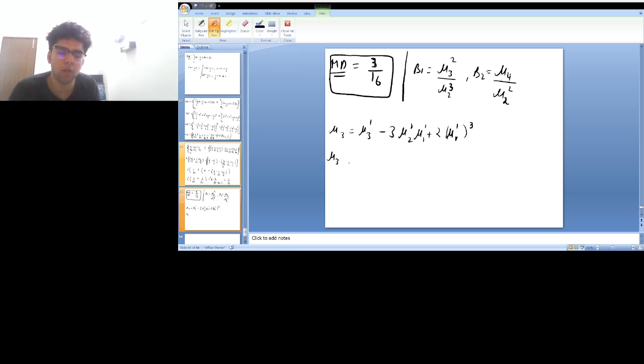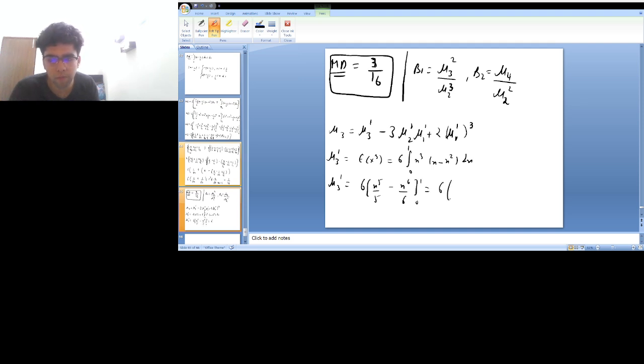So mu dash 3 is the integral of x cube f(x), so 6 times x minus x square dx from 0 to 1, which is 6 times x to the power 4 upon 4 minus x to the power 5 upon 5, so this gives me x to the power 5 upon 5 minus x to the power 6 upon 6, 0 to 1, which is 1 upon 5 minus 1 upon 6, 6 minus 5, 1 upon 30, this gives me 1 upon 5.